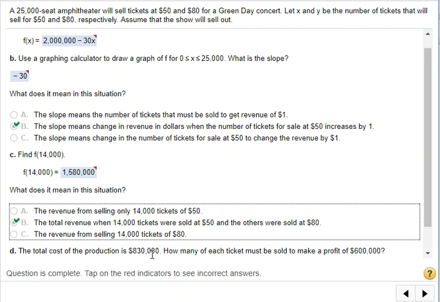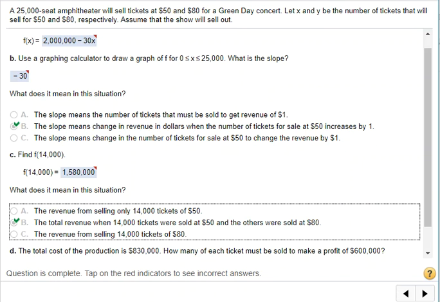Last, find out when the total production cost is 830. How many of each ticket must be sold to make a profit? Okay, so before I calculate this, profit I know is the difference of revenue and cost. So if I wanted to find revenue, I would have to add these two together and then solve.